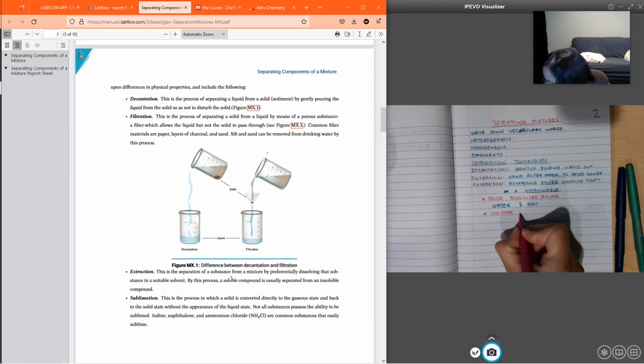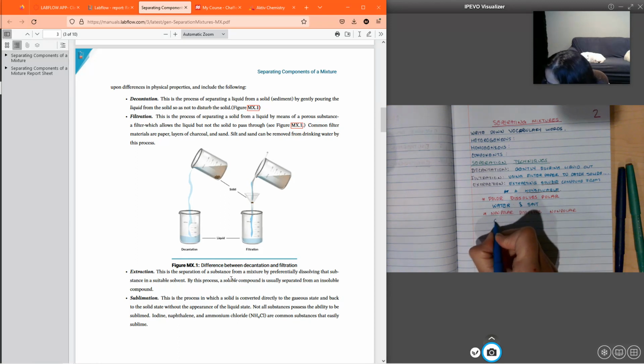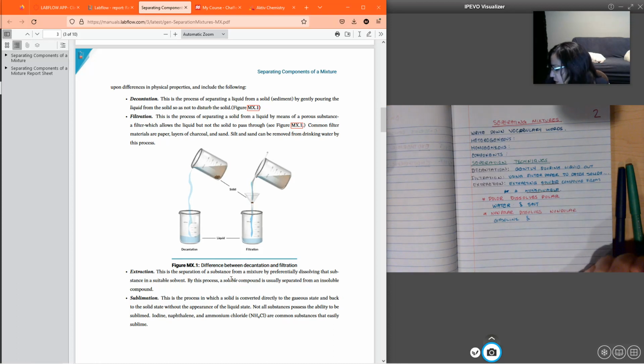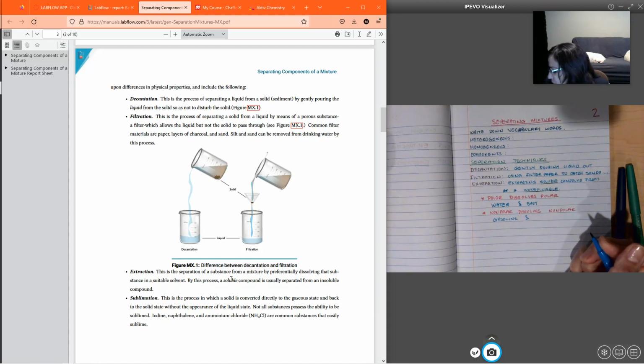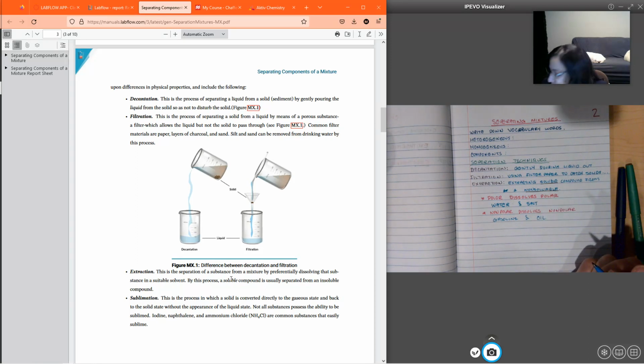Things that are non-polar, non-polar dissolves, guess what? Non-polar. So gasoline and, let's say, what else can we do? Gasoline and oil, they dissolve each other. Okay? So those are two things that we kind of know are non-polar, and then the ones we know that are polar.